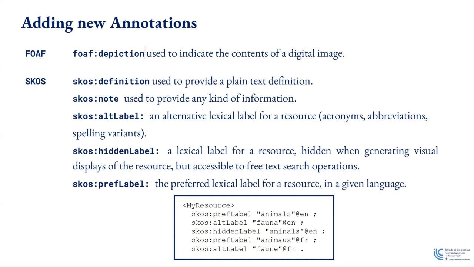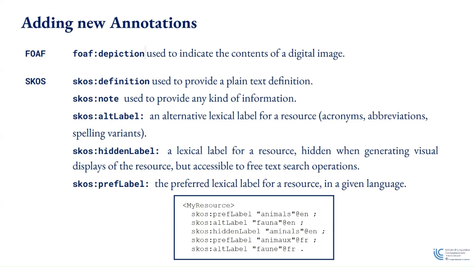And then there are some SKOS annotations, so SKOS relations that are very useful. For example, SKOS definition, we will use it in a few moments, and is used to provide a plain text, as I said, definition. SKOS note that is used to provide any kind of information, is just some note that you can write down that is useful for you.